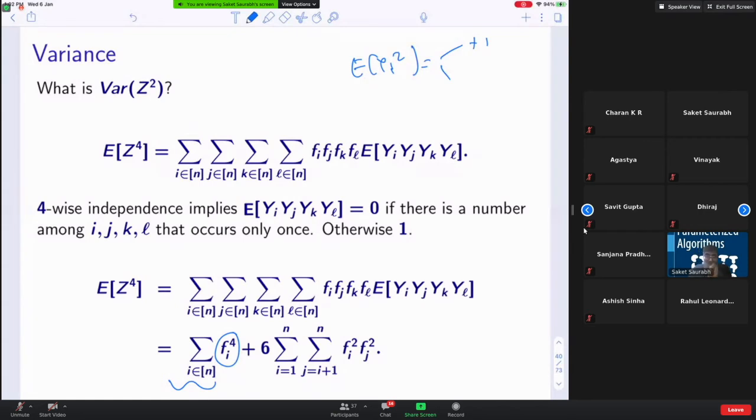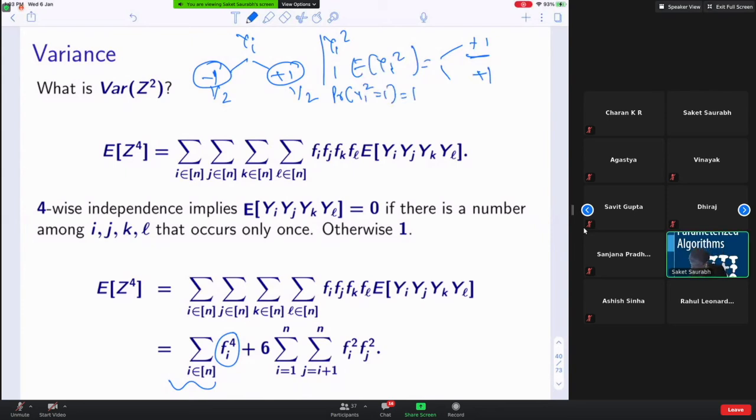Because Yi takes -1 or +1, but Yi square takes just 1. And what is the probability of taking 1? Look, Yi takes -1 with probability half. What does Yi square take? Yi square takes just 1, even when Yi takes -1. So the probability that Yi square takes 1 is 1.